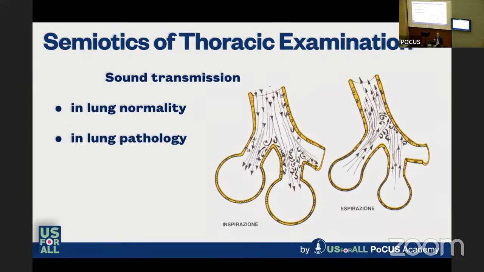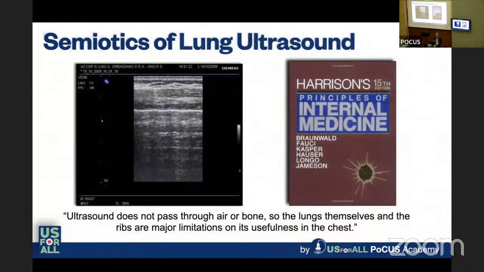So we have a very well-known semiotics about how to make physical examinations of the lung. So we study the sounds from the air movement. Now, by ultrasound, of course, everything is much more difficult, or at least less standardized than what we do in the physical examination.